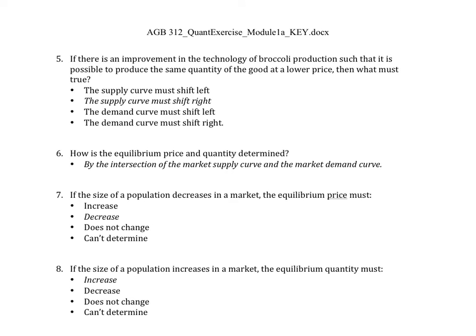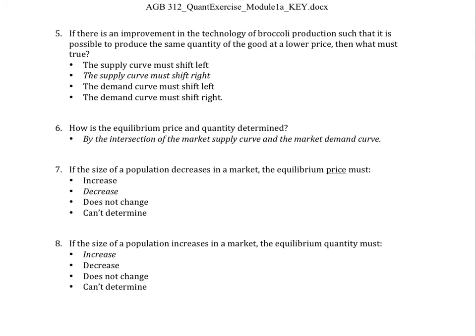Okay, so on these problems, it's basically an application of the ideas of shifts and movements along. And again, what we want to do is use this practice to be able to describe what's happening in the market when we start applying the consumer and producer surplus ideas.